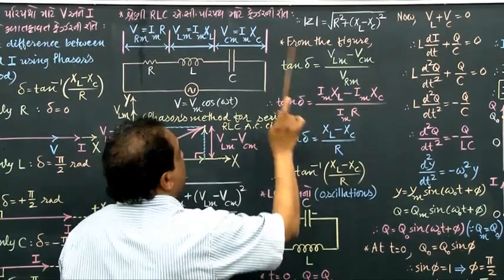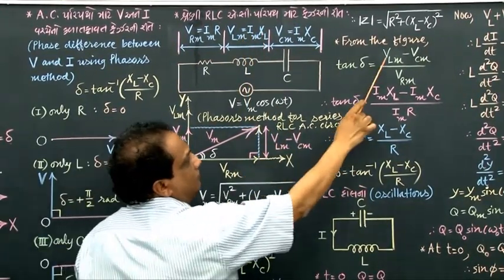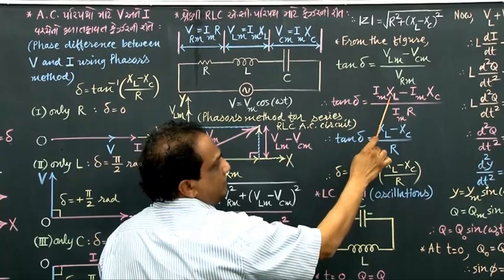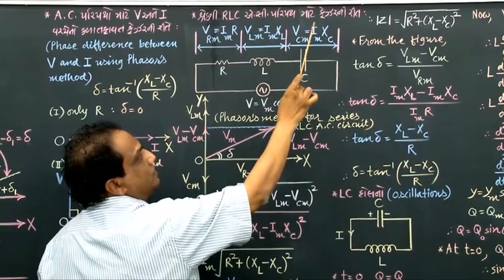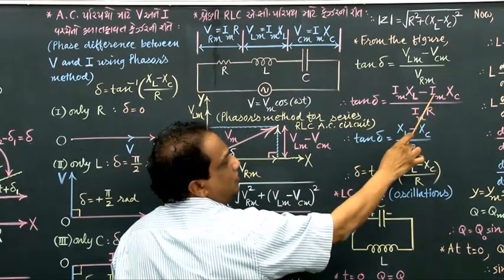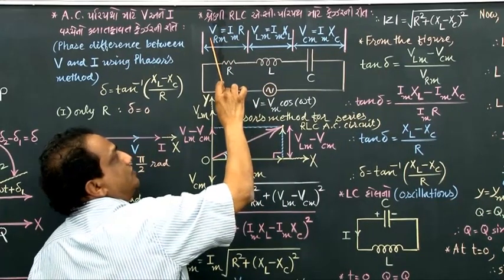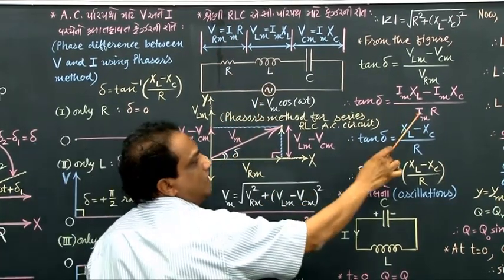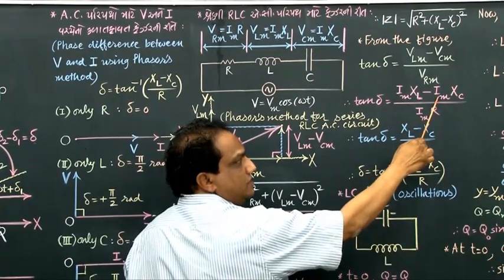What is VLM? VLM is Im into XL, minus VCM. VCM is Im into XC, upon VRM. VRM is Im into R. Can you take Im common from the numerator? Yes.